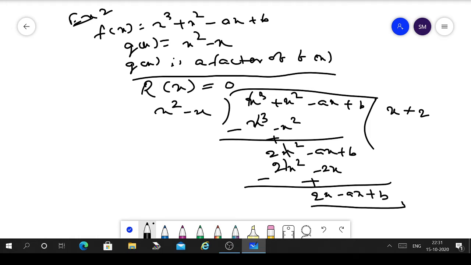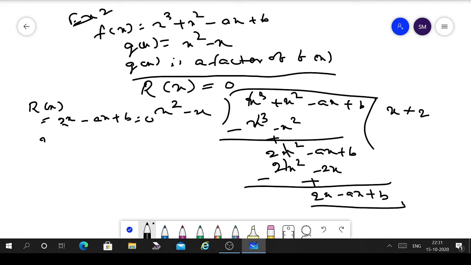But according to the division algorithm, as g(x) is a factor of f(x), this implies remainder is 0. This means r(x) is equal to 0. Here r(x) is equal to 2x minus ax plus b is equal to 0.